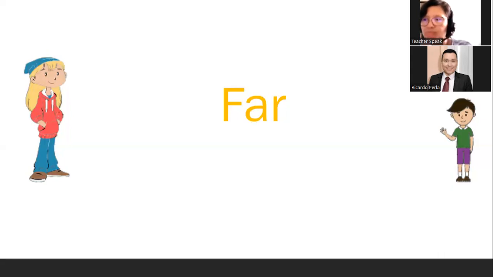For example, this girl is far from the boy. Correct. Okay, very good. Now, if I need to point, to say, hey, look, are you going to use this, that, these, or those?